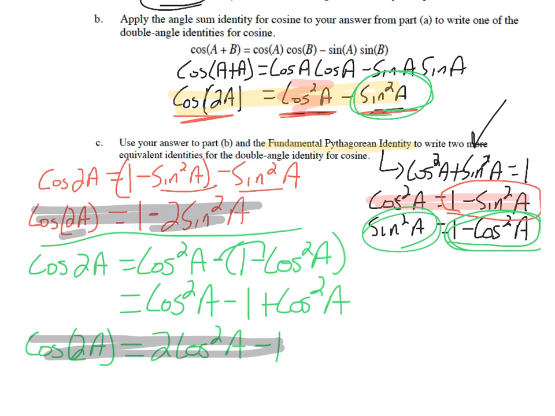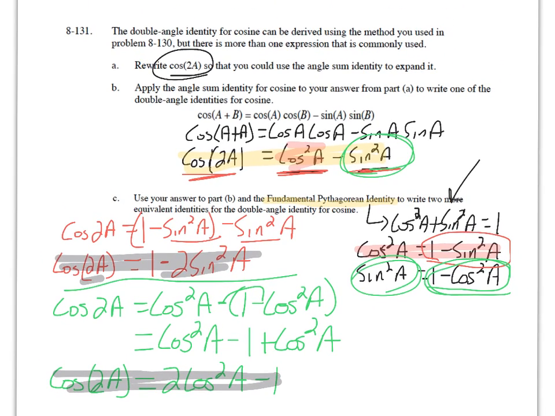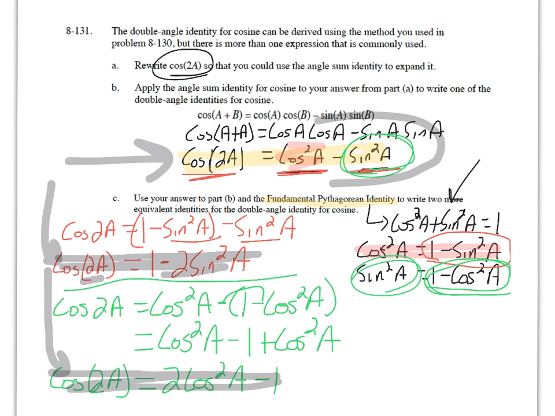So from your work over the last few slides, we have double angle identities. The cosine has 3 versions of its double angle identity. It can be equal to cosine squared a minus sine squared a, 1 minus 2 sine squared a, or 2 cosine squared a minus 1.